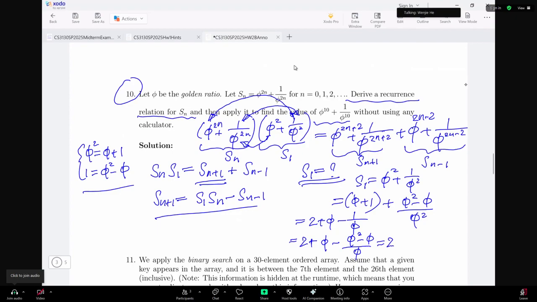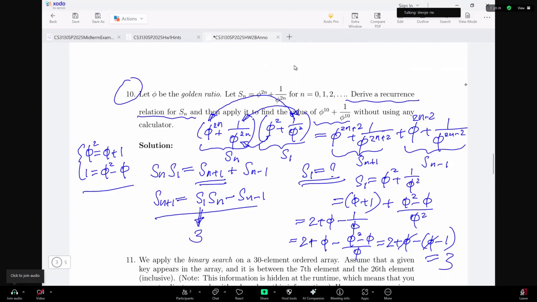Simplification: 2 plus phi minus phi minus 1, right? Phi minus phi cancels out. Minus 1 plus 1, you get 3. S1 equals 3. So you replace S1 by 3.